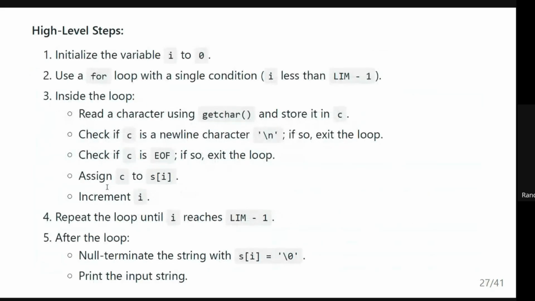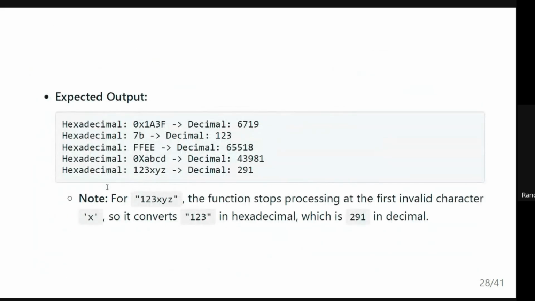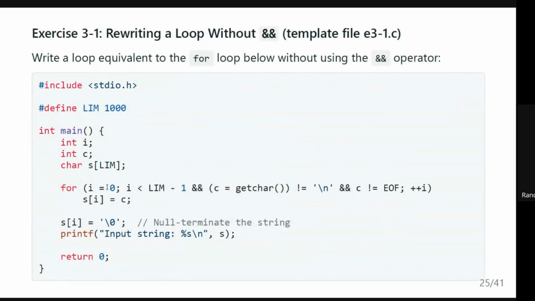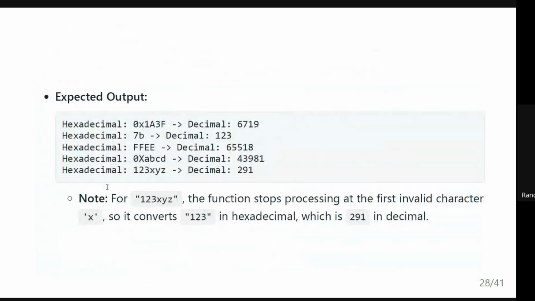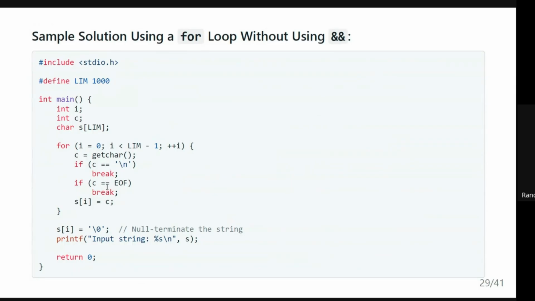So one example will be like this. In the for loop, we only compare if i is smaller than this limitation. Note that we have the minus 1 because we want to save the last character.